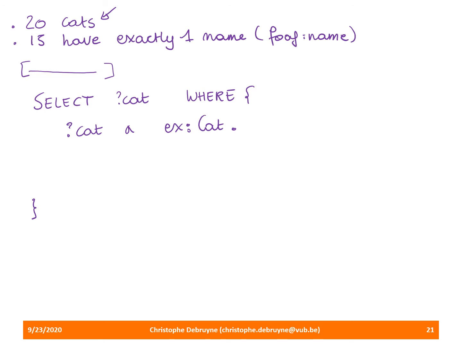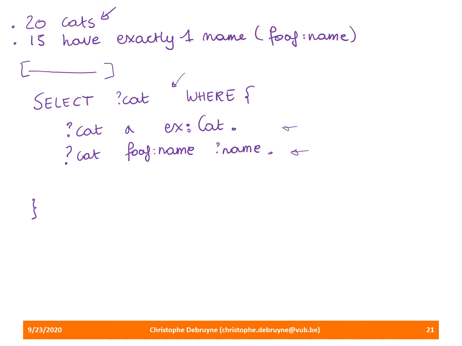Now, if I were to retrieve all the cats that have a name, then I will just add the following triple pattern to the query. And I do not even include the variable in the select clause. So I'm looking for all things that are a cat, and those things must also have a foaf name.